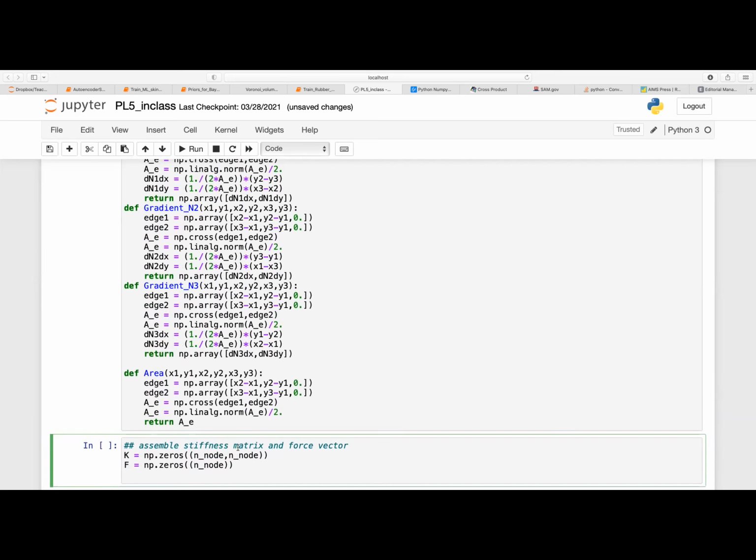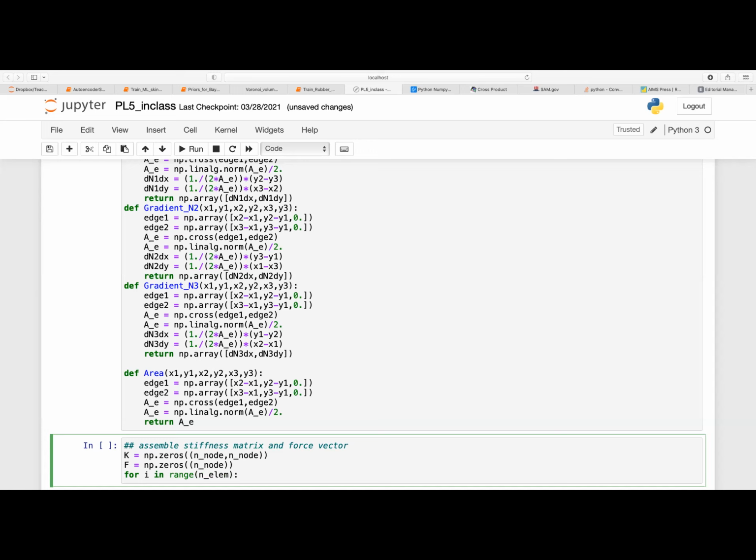Then to fill these stiffness matrices and force vectors, we need to compute the element stiffness matrix and element force vectors. So that means that we need to do it for all elements. So there should be a for loop. And this for loop is over the elements.